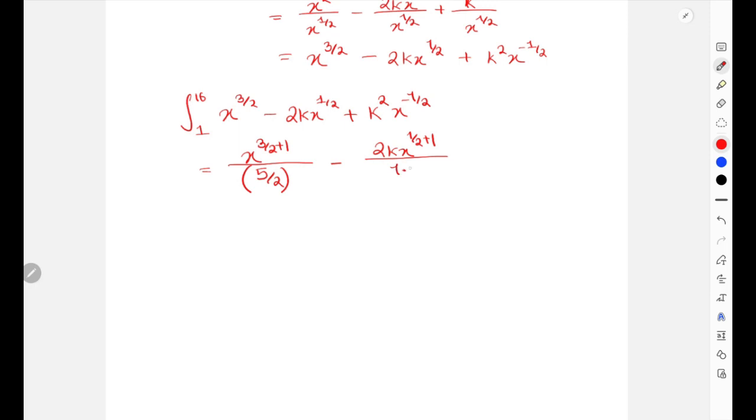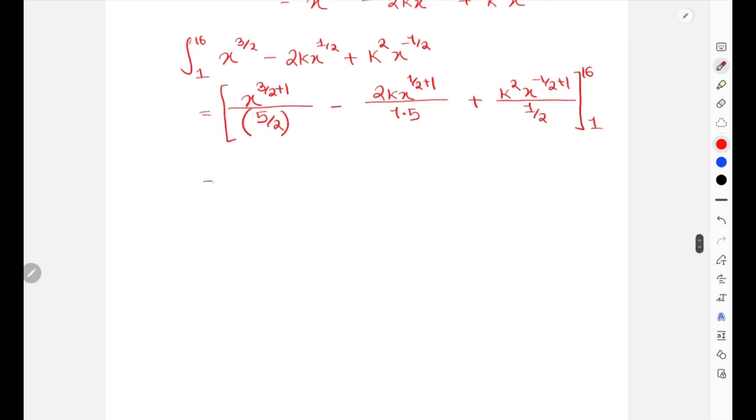This is going to be 1.5 in the denominator. And then again, k square x power negative half plus 1. This is going to be half. And obviously, these were within the boundaries of 16 and 1. After that, we're going to write x to the power of, this one entirely becomes 2 over 5, right? Because your entire denominator gets inverted as the denominator was in the divided format.